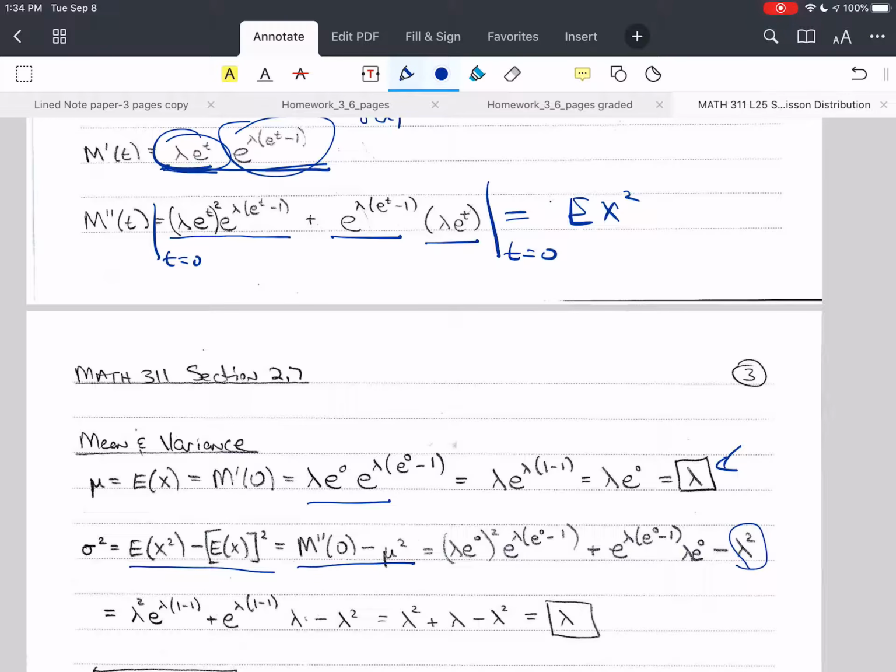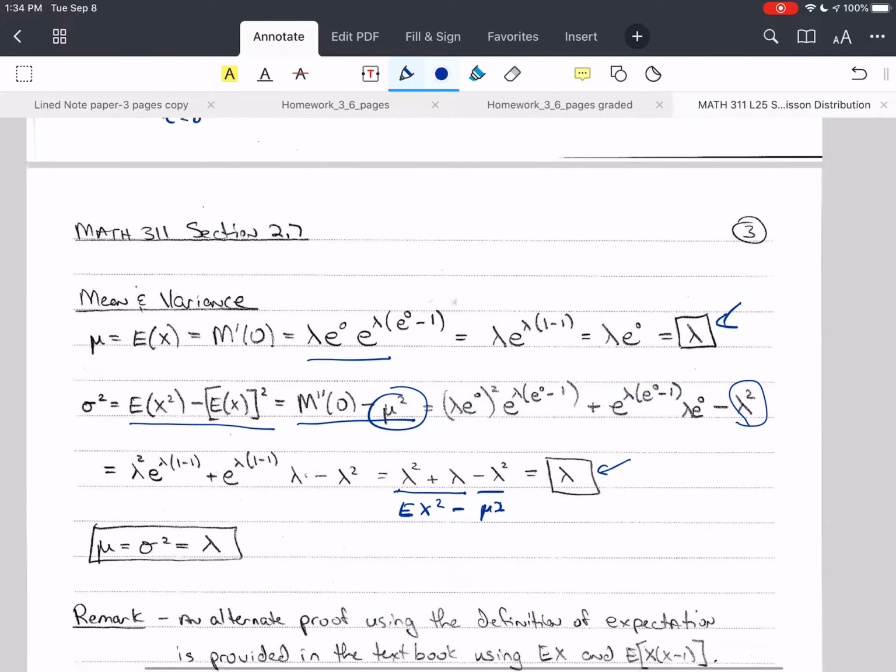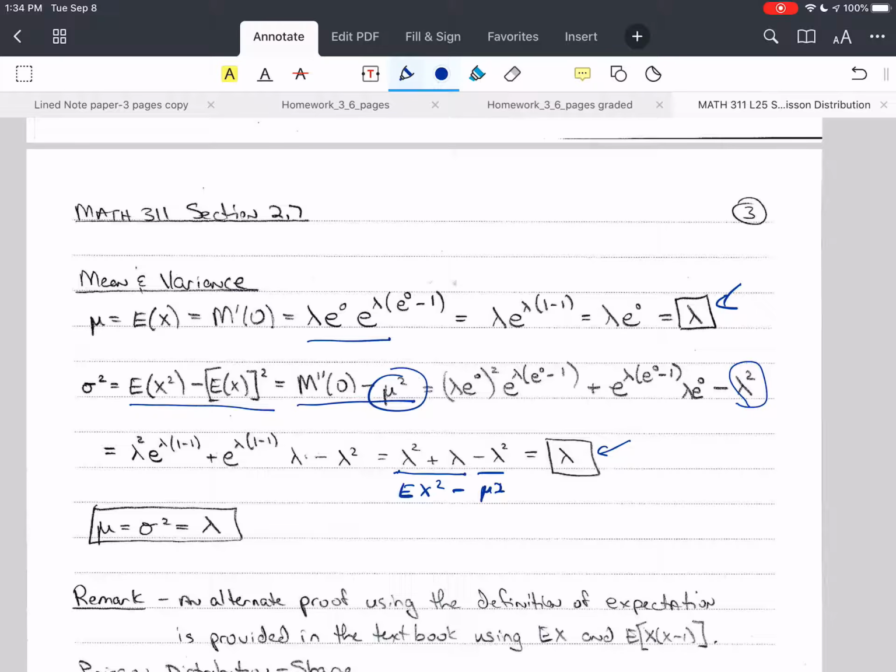By the way, we already know that mu is lambda, so I've plugged that in. Then we end up with lambda squared plus lambda, that's E of x squared, by the way, and then this is minus mu squared. Notice that the lambda squares cancel, and we get lambda again. So this is a very easy distribution to remember the mean and the variance, because they're the same, they're lambda.